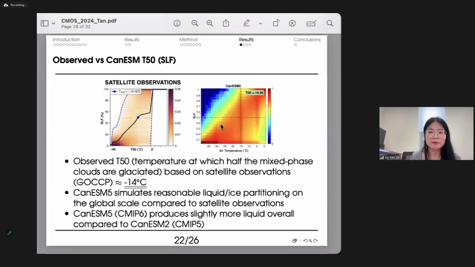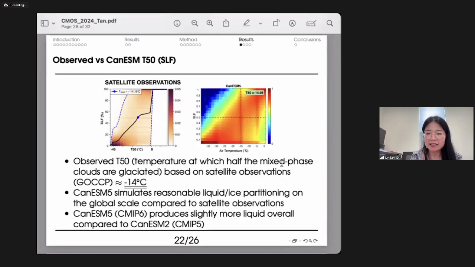Before we apply that method, we will first look at the SLF for the actual observations. For this, we use a product derived from global satellite observations called GOCCP, which was designed to be compatible with Earth system model analysis. We defined a metric, T50, in place of SLF to represent the global SLFs.